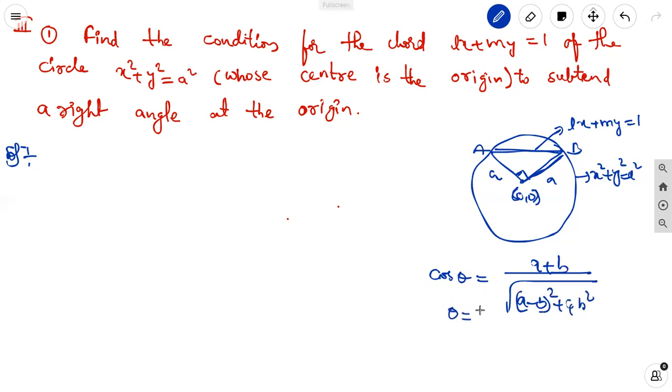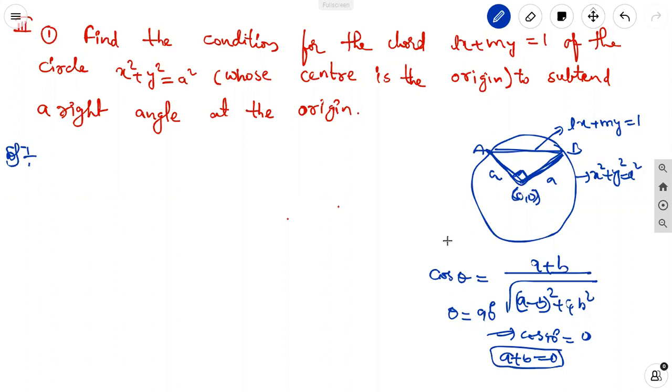When theta equals 90 degrees, cos 90 is 0, so the condition is a plus b equal to 0.